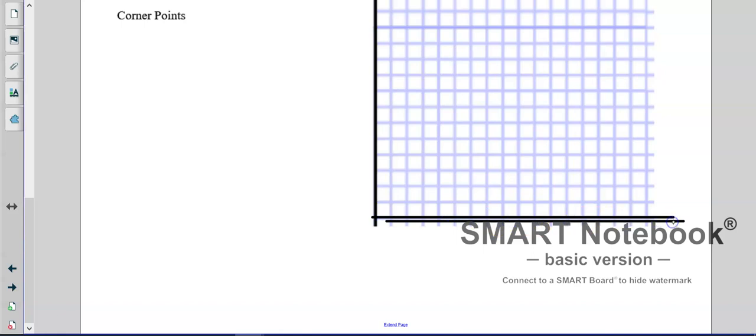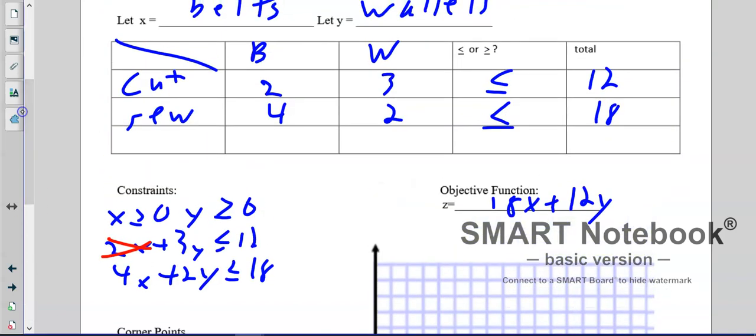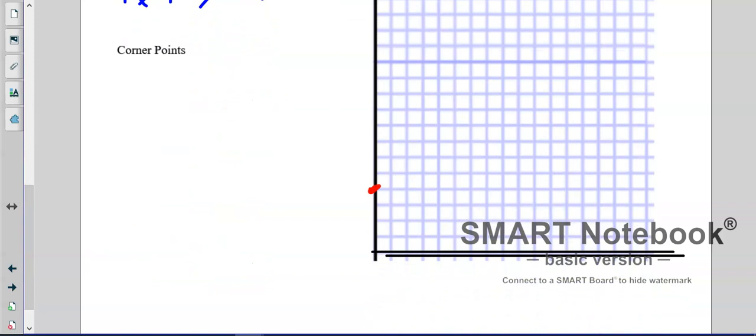Not sure what happened. All right, there's my axis. So, y is 4. 1, 2, 3, 4. A nice dot. If I go up and cover this up, then my x, 12 divided by 2, is 6. So 1, 2, 3, 4, 5, 6. Right there. And I want to connect those with a nice straight line.